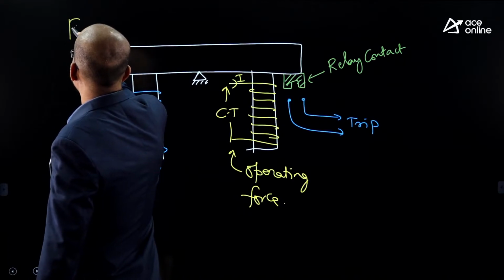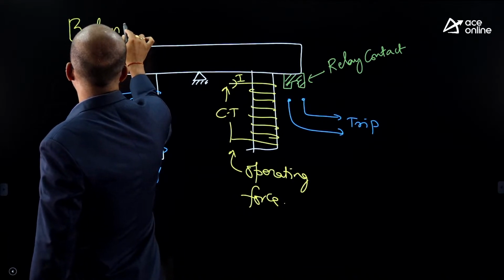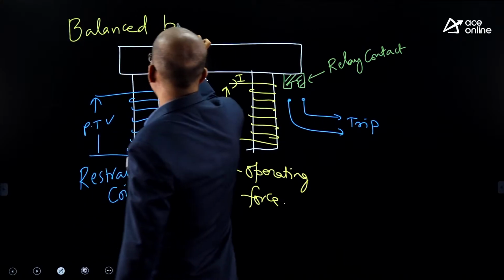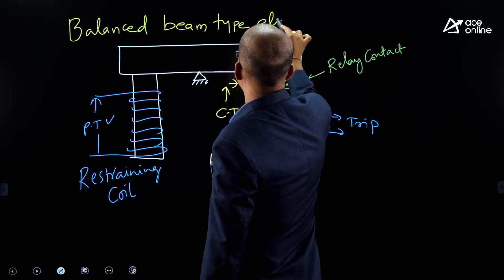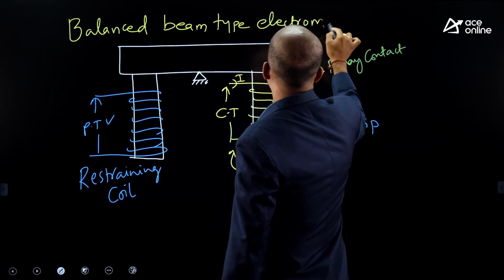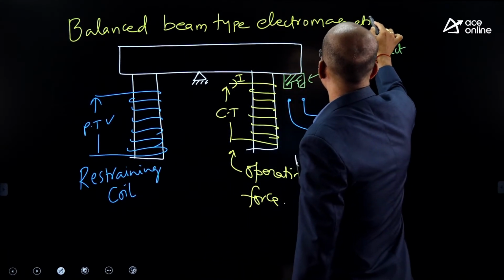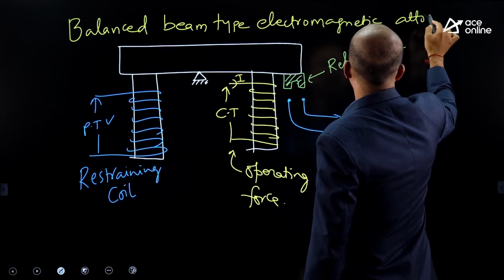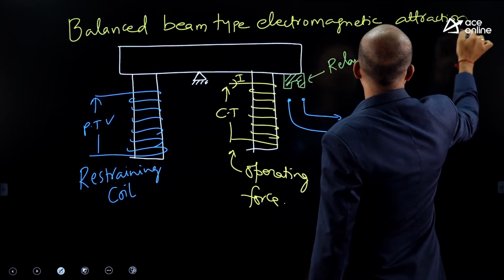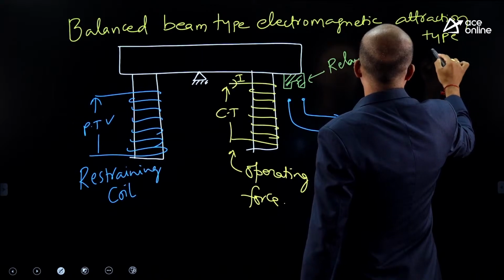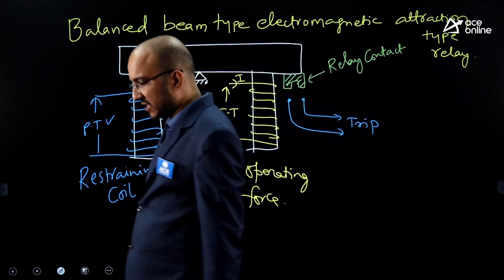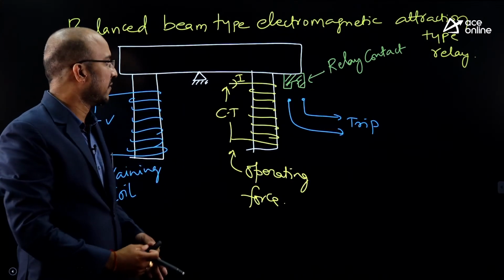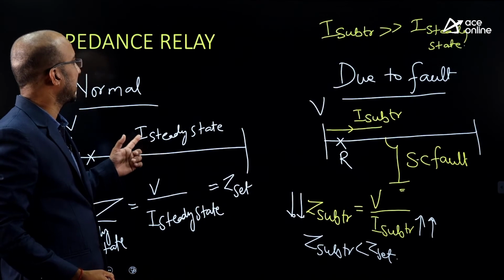What type of relay here? Balanced beam type electromagnetic attraction type relay. So a balanced beam type electromagnetic attraction type relay can be used for implementation of the impedance relay.